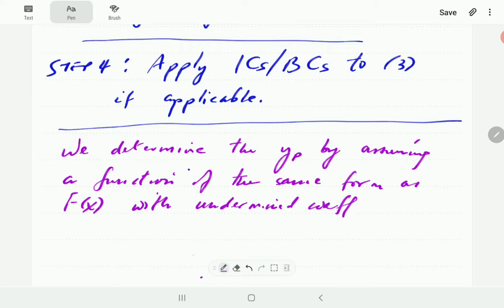So that's where this method gets its name.